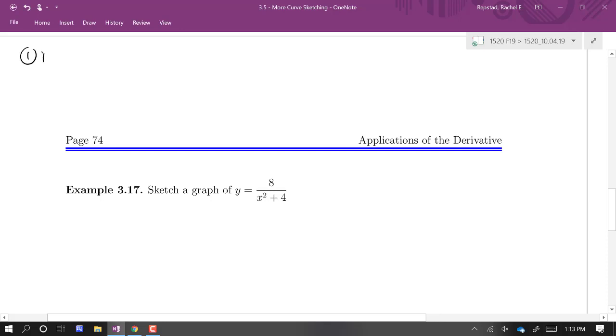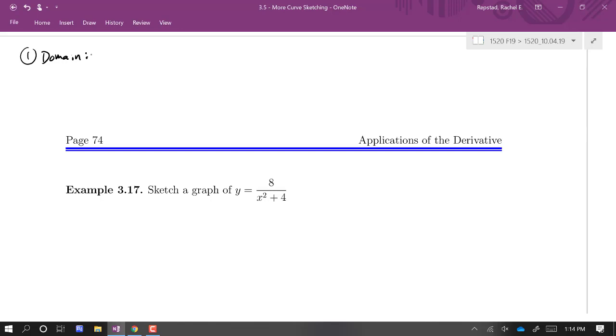The first thing, what's the domain of this function? What is it that we have to be on the lookout for? You're trying to look for things that might make us divide by 0.